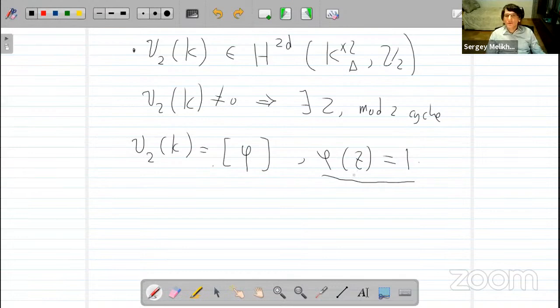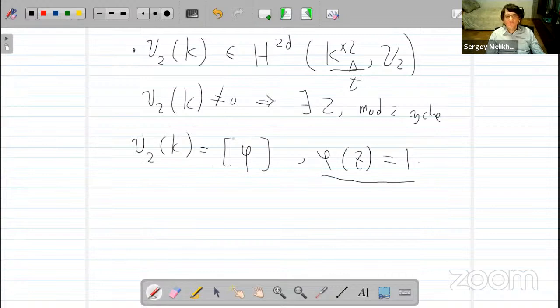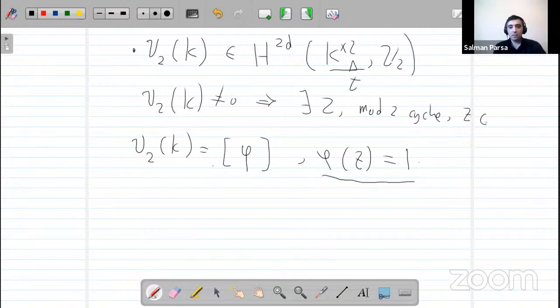Sorry, I think in the top line you should have quotient by involution, right? Yeah, that's true. Sorry. So this cycle Z lives in the quotient by involution, or in the deleted product.